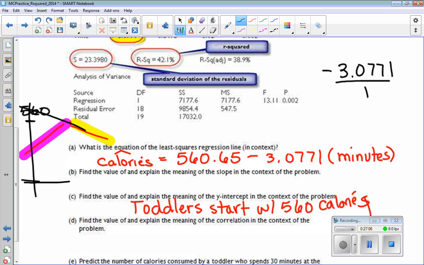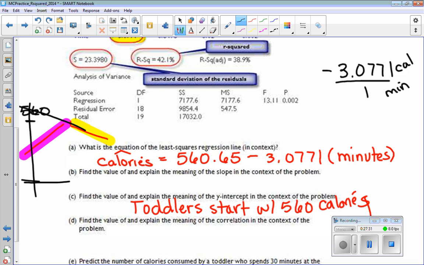What is the y variable here? Calories. And what is the x variable? Minutes or time. So what we could say is, after 560 calories, they're going to lose 3 calories for every minute. Yes, no, maybe so?